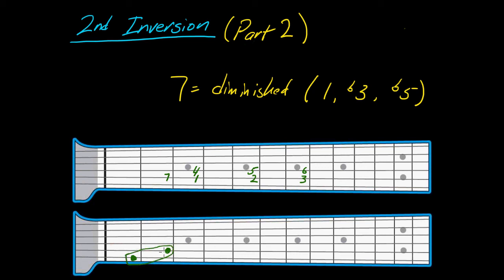And let me show you why you get this. Because remember, for diminished, if you were going to just play them as a triad, or not a triad, I'm sorry, as thirds, you would use a minor third. Here, let me erase this. You would play a minor third, which would take you to this open D note, and then you would get the first inversion, which would also be a minor pattern.